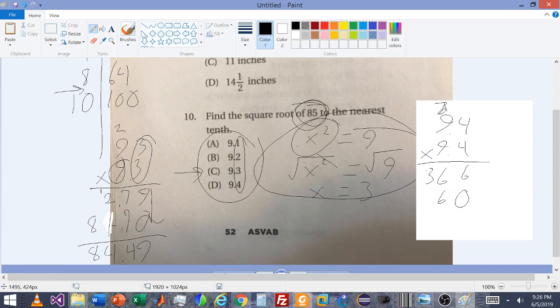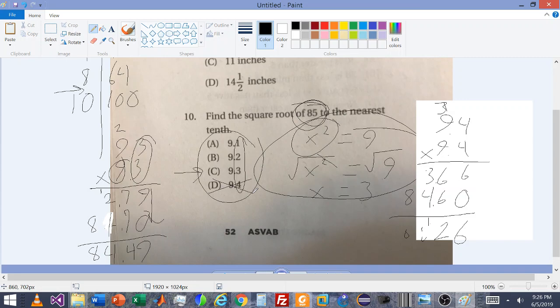Carry the 3. I bring my 2 down in the other equation. I might have made a mistake. Let's see. So 9 times 9 is 81 plus 3, so 84. So I didn't bring down my 2 over here. So you can see right away this is going to be too much. So this is going to be 88. So let's go back down. So 9.4 is too high.